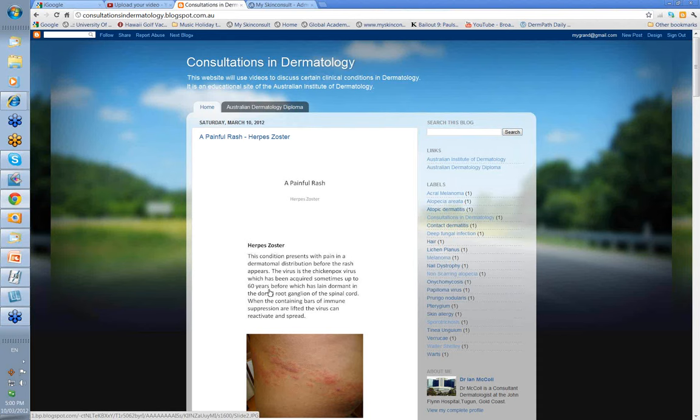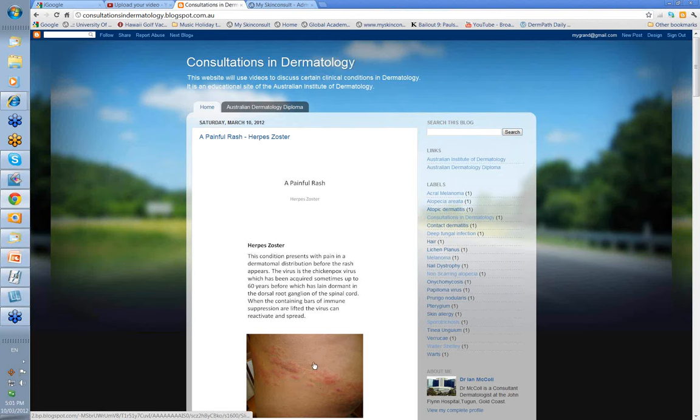And then 60 years later, or more, sometimes an awfully lot earlier, but often when your immune system wanes as you get older, or you're on drugs that affect your immune system, or you have a disease that affects your immune system, then this virus can replicate in the dorsal root ganglion and travel down the peripheral nerve into the skin, where it proliferates and gives you the rash of herpes zoster. But as it proliferates in the dorsal root ganglion, that's when it activates the sensory nerves, and hence you have the pain.